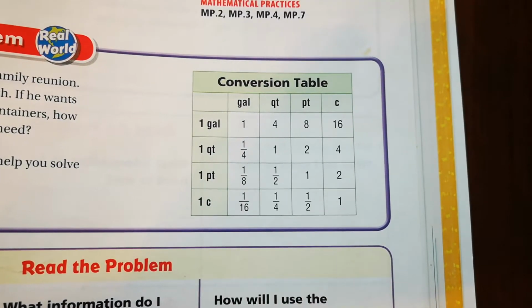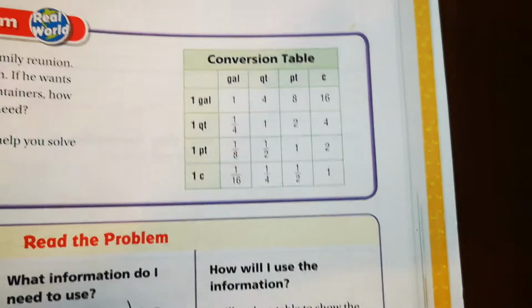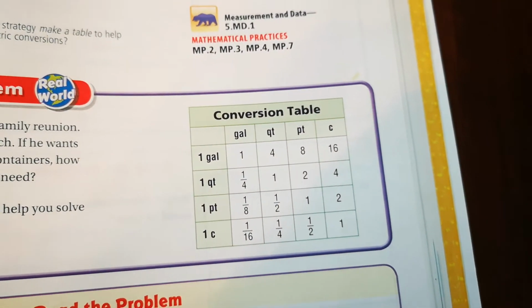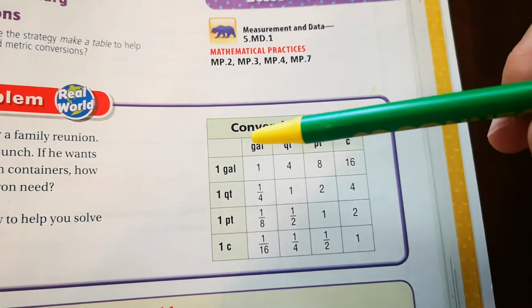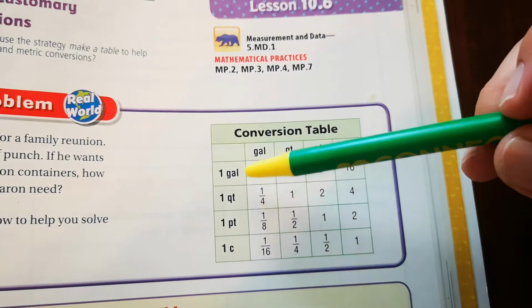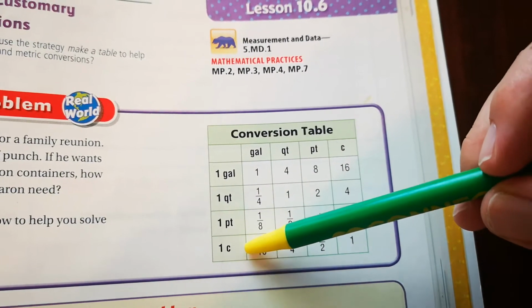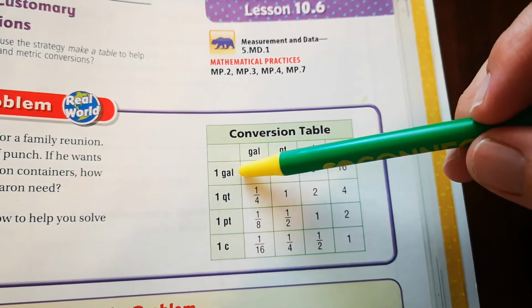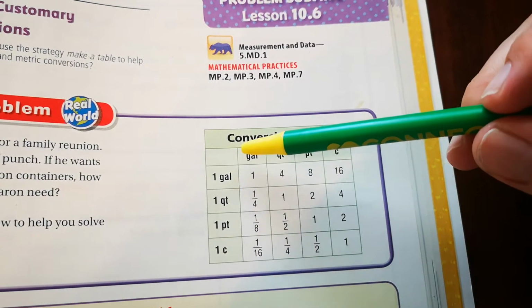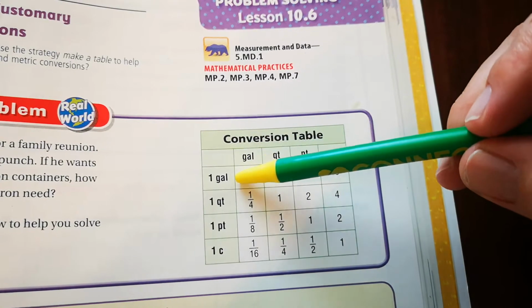So they've given us a conversion table. It looks a little bit different than the conversion tables that we've seen before for a couple of reasons. On the left column, they have gallons, quarts, pints, cups. And if I follow one of those across the row, it shows me how many gallons are in 1 gallon.